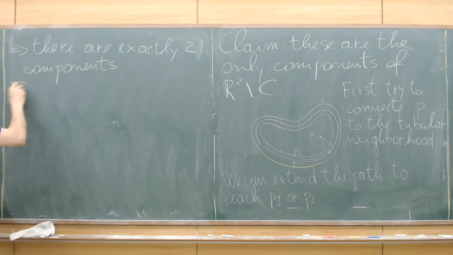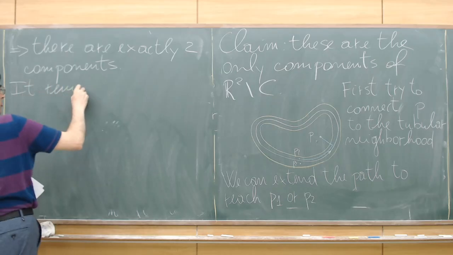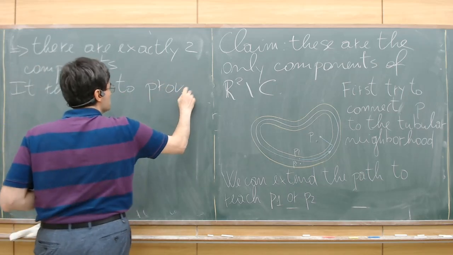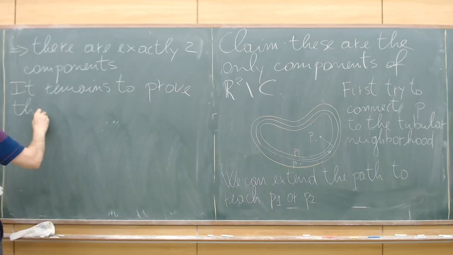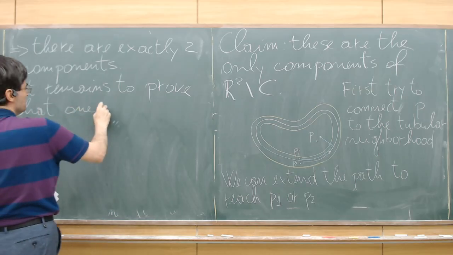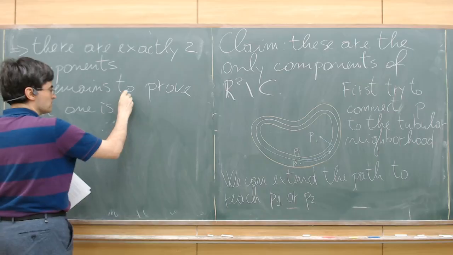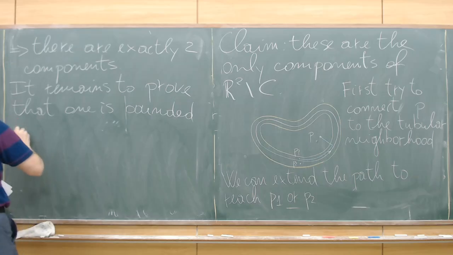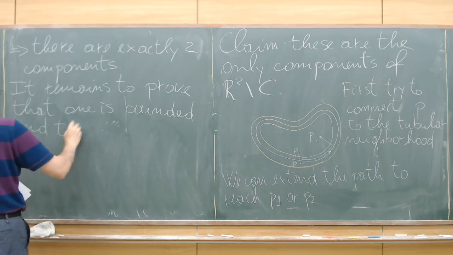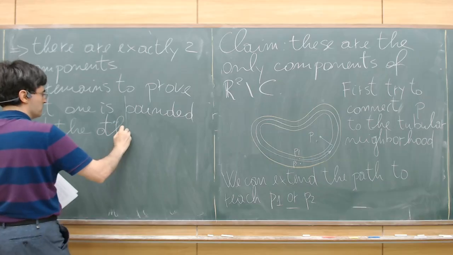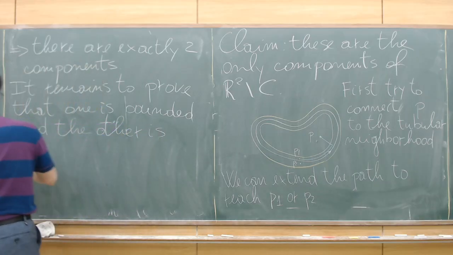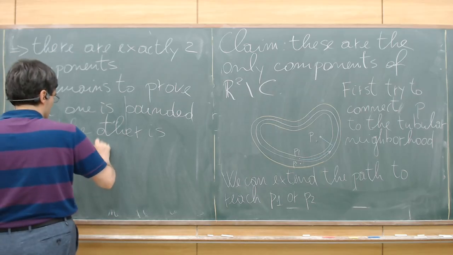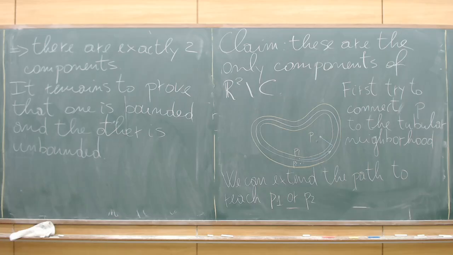Now it remains to prove that one is bounded and the other one is unbounded. How to do this?